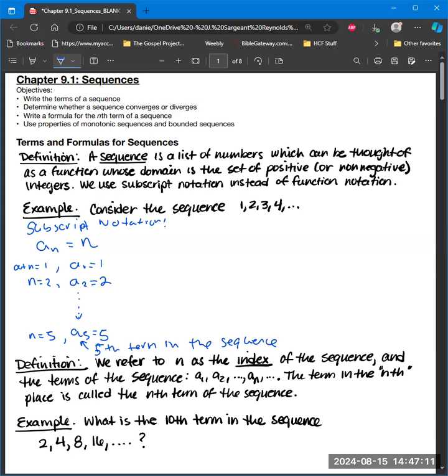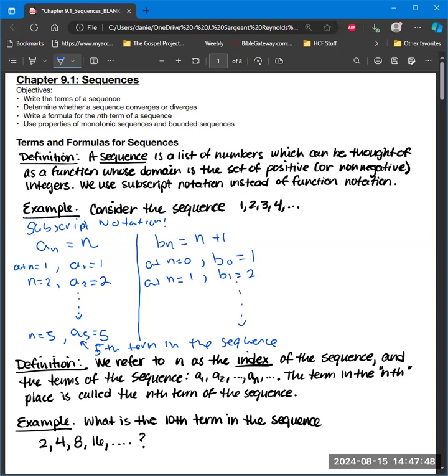If we have a b sub n, this is just another way to index this. b sub n could be equal to n plus 1, where we start indexing at 0. b sub 0 is equal to 1, b sub 1 is going to be equal to 2, and so on.